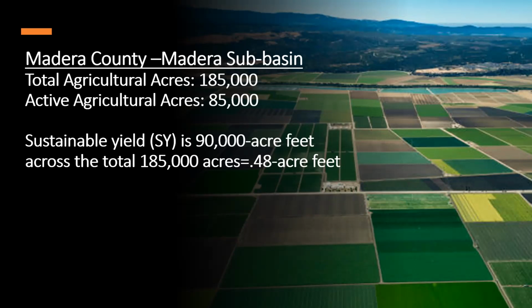The GSA rounds that up to a half an acre foot, so 6 acre inches. That's your sustainable yield. When it's all said and done, that's the amount of groundwater available to the farm, no matter what. There'll be 6 acre inches, unless the sustainable yield of 90,000 decreases or increases, and then that number will fluctuate based off of that.